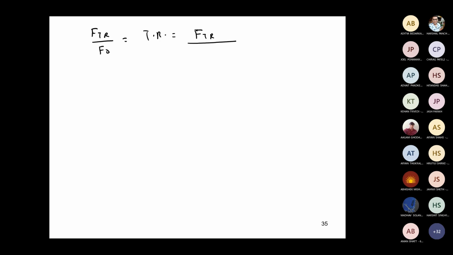What will be F0? Can somebody tell me? What type of harmonic force is discussed in this question? What are the various types of harmonic forces we have learned?